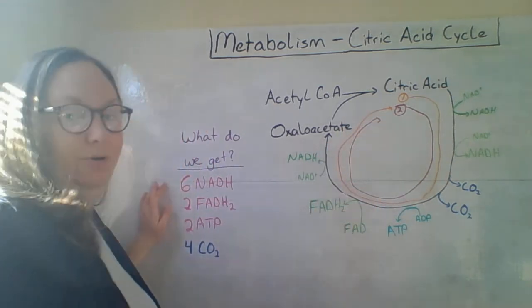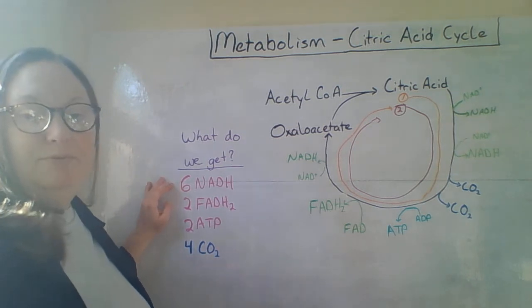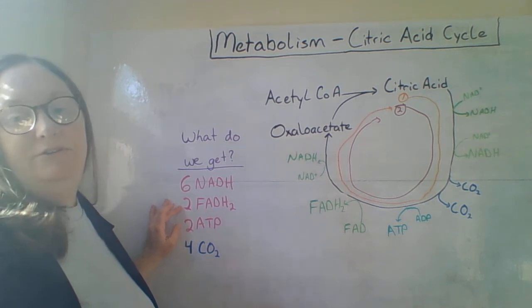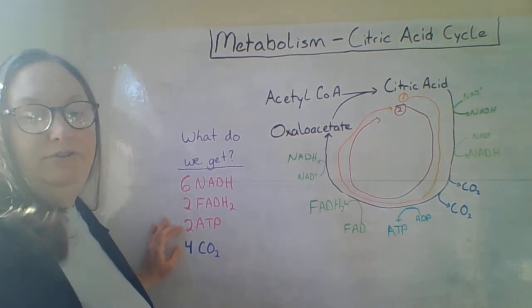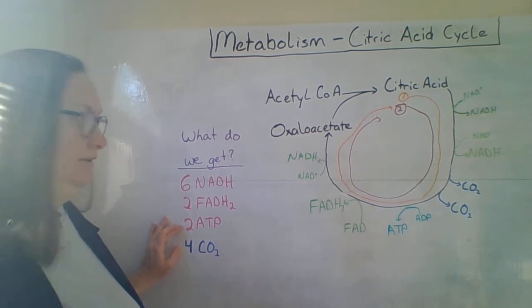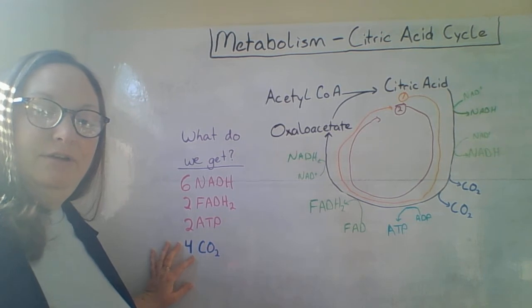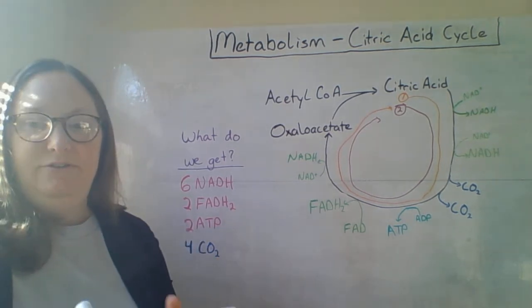And over here I have totals. Alright, how many NADH? 3 each time, so a total of 6. How many FADH2? 1 each time, so a total of 2. How many ATP? 1 each time, so a total of 2 here. But look at this. We make 4 carbon dioxides. I find this really interesting because what did we start this section with?